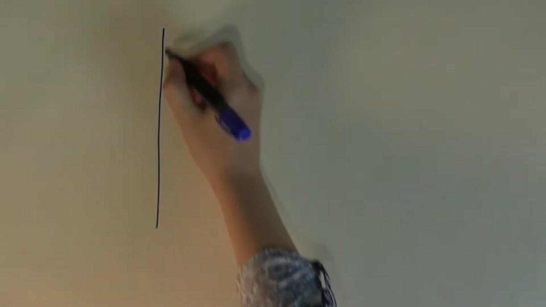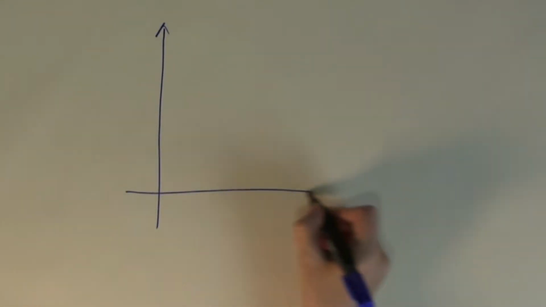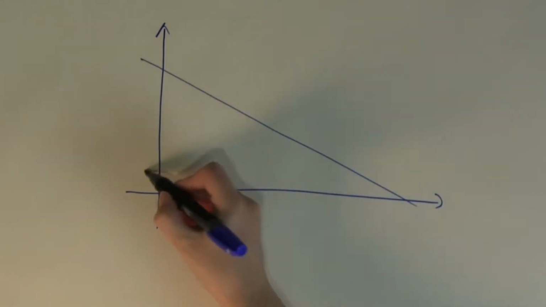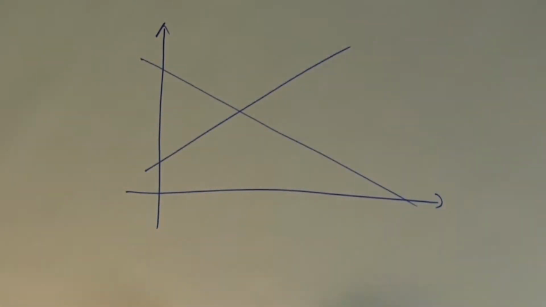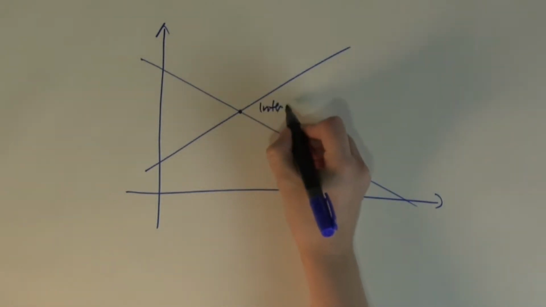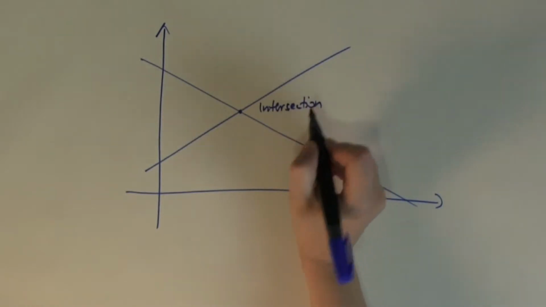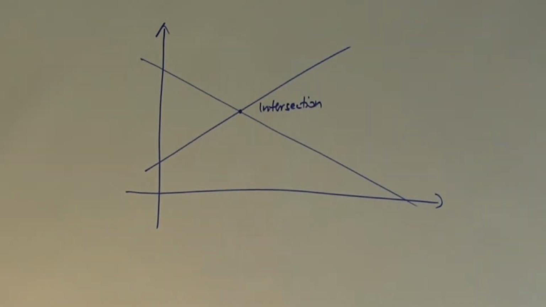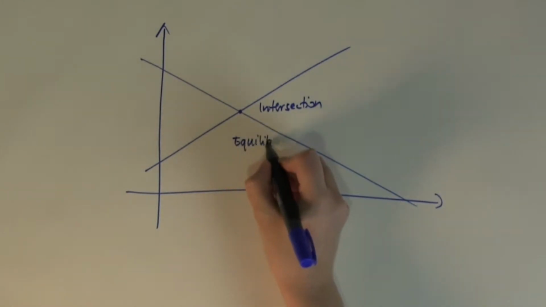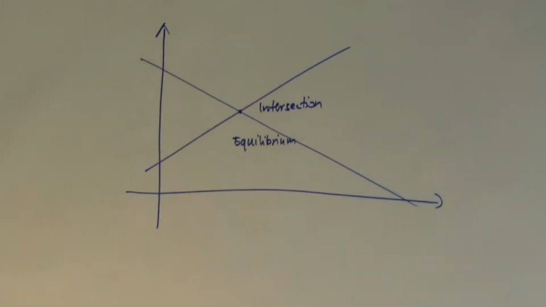But what happens if you end up with something like this, which is quite often common for the supply-demand analysis? So you've got your demand and you've got your supply. So there is a point here which we call the point of intersection in mathematics, or you call it equilibrium in economics.